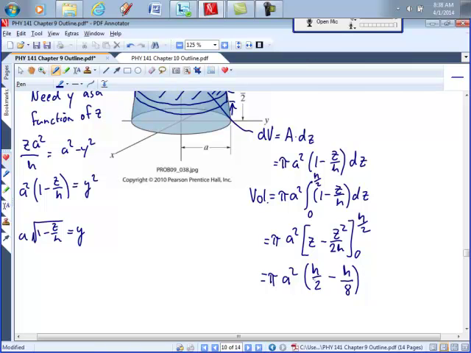So basically we have 1/2 minus 1/8, which would be 3/8. So that would be 3 pi a squared h over 8. That's my volume.